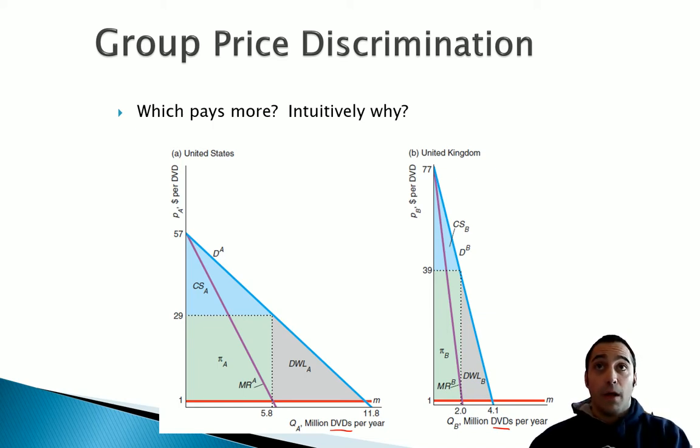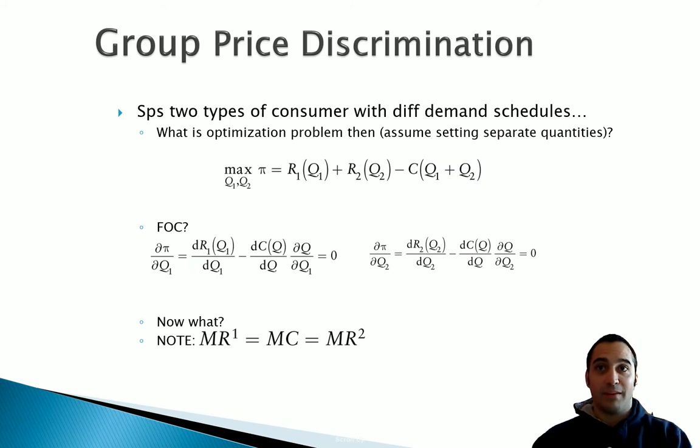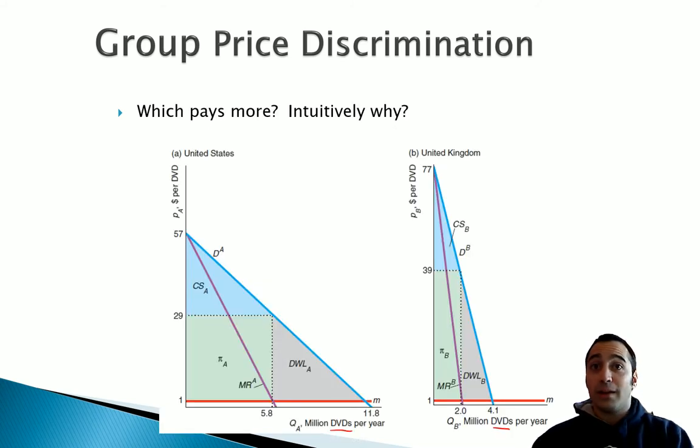So let's check. Again, last slide we said set MR equal MC equal MR. So let's try it. We're going to set the marginal cost equal the marginal revenue of the United States. That says we should make 5.8 units. Tracing that up to the demand schedule like we do with the monopolists, it says we should charge 29 bucks. In the United Kingdom, same cost schedule. We'll set marginal cost equal marginal revenue, sell 2 million DVDs.